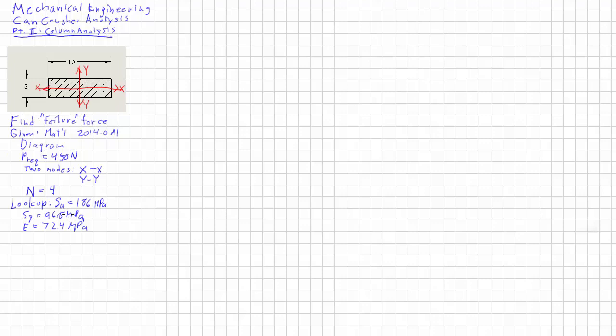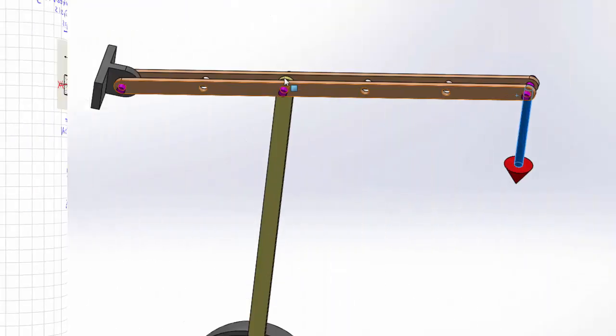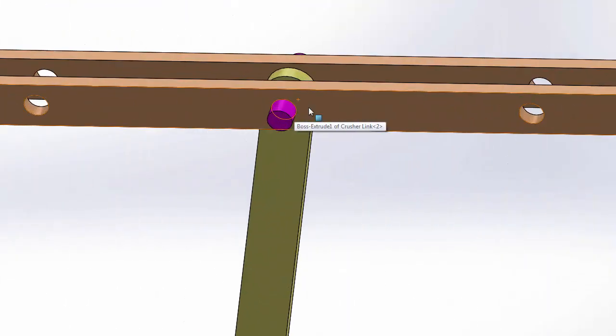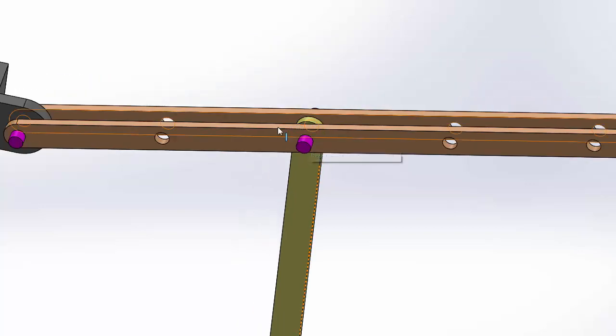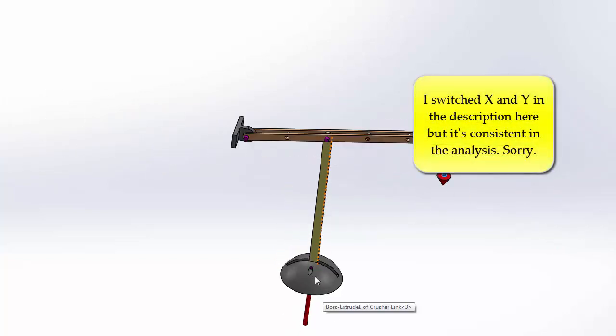I want to show you why we need to consider both the X and the Y. It's because when we look at this design, the links here are pinned, but they're only pinned so that it can rotate in one direction, in our case, back and forth in the Y direction.